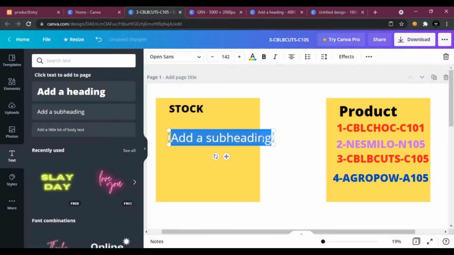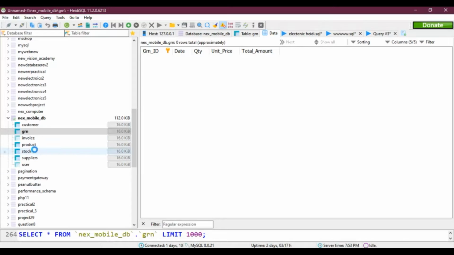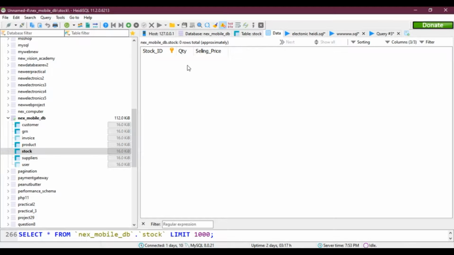So I'm gonna say S1 is going to be the ID of stock 1. S1 holds the product here, number 1. Number 1 is CBL chalk, and it must also include the quantity and selling price.